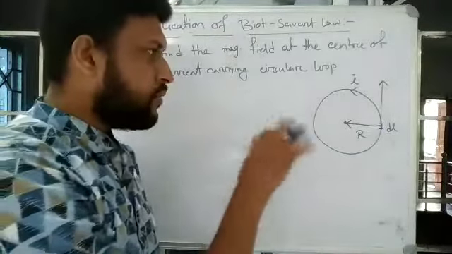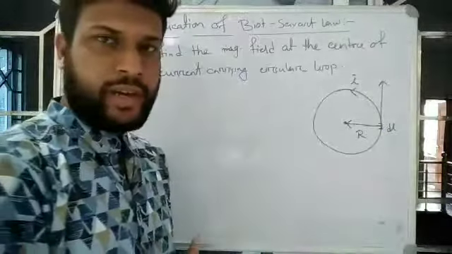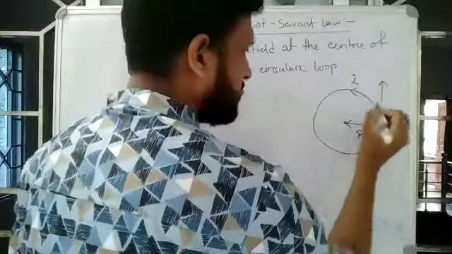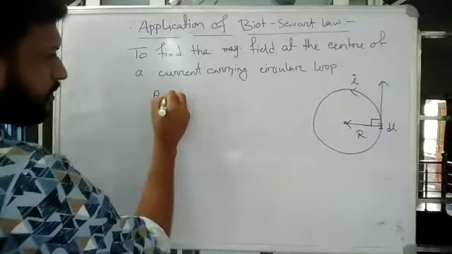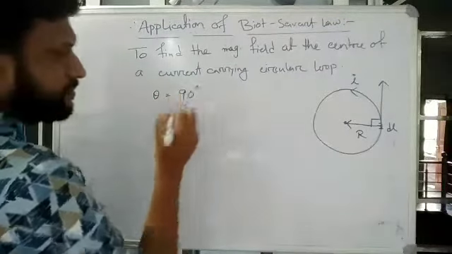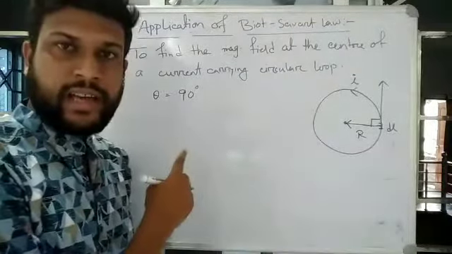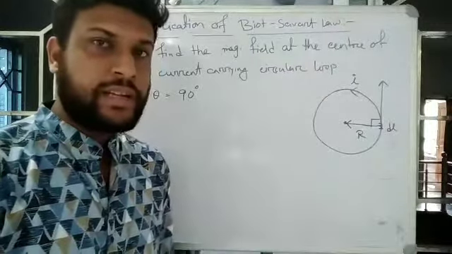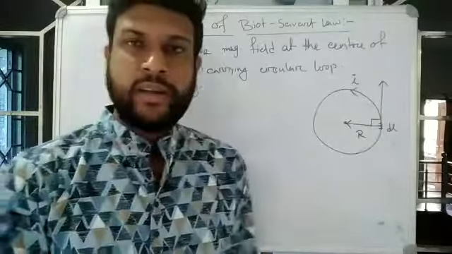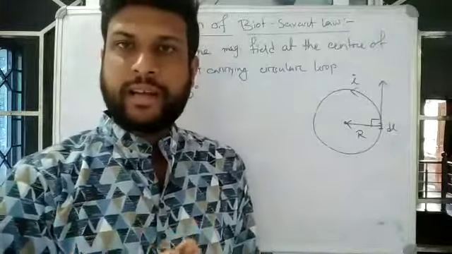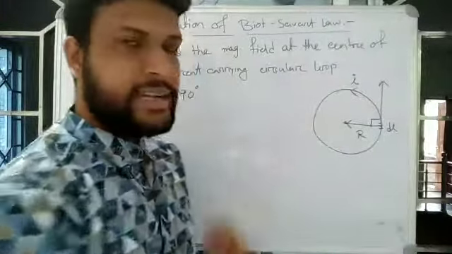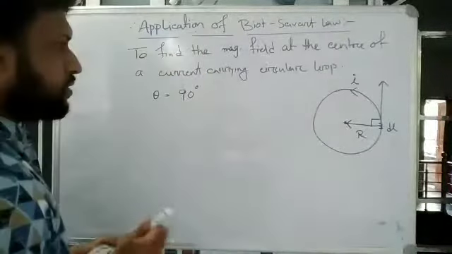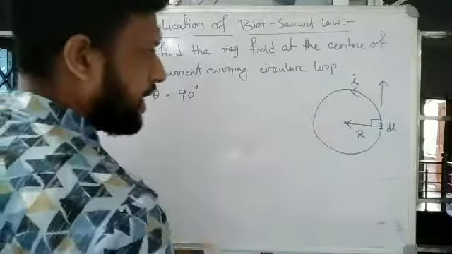So in this particular case, what is the value of theta? Here the value of theta is 90 degrees. I am talking about the theta used in the Biot-Savart law, the angle between the dl vector and the distance vector. So here the angle is 90, isn't it?